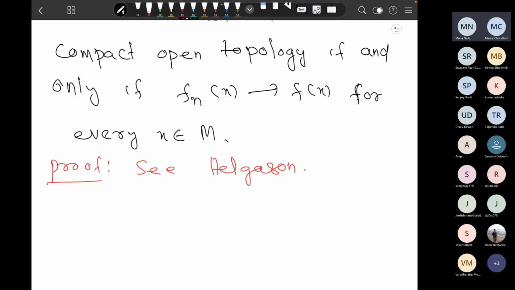Okay, so remark. Is this only true for Riemannian manifolds, or true for any topological space? Helgason has proved this for Riemannian manifolds, but this is true for any metric space also.